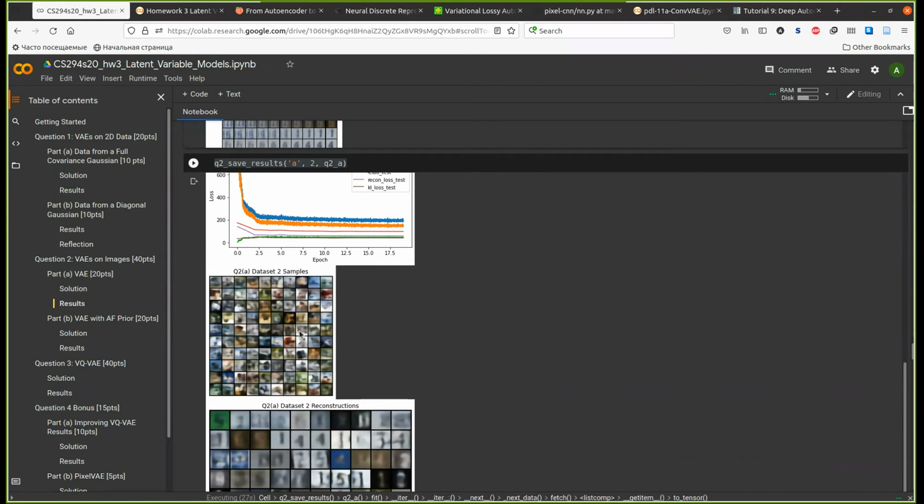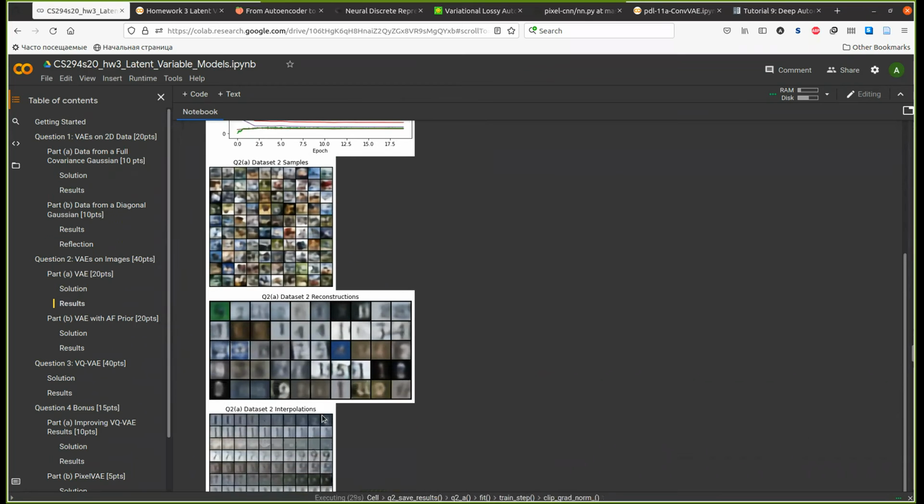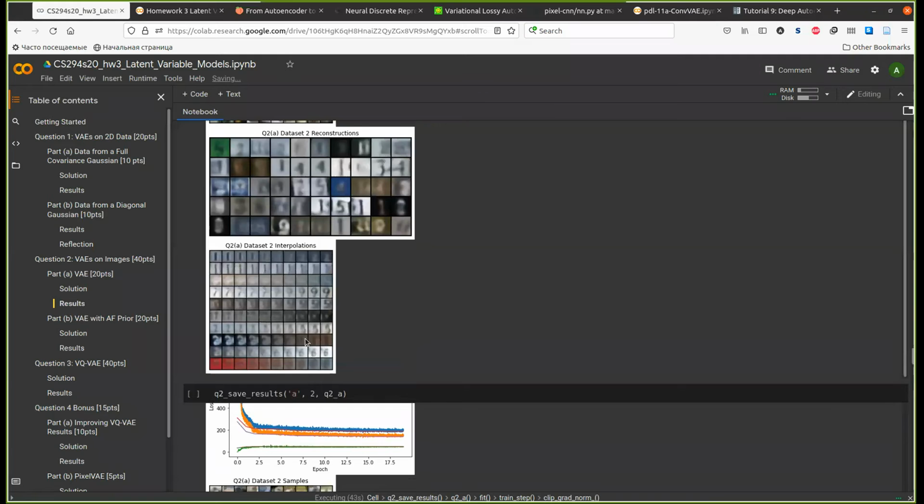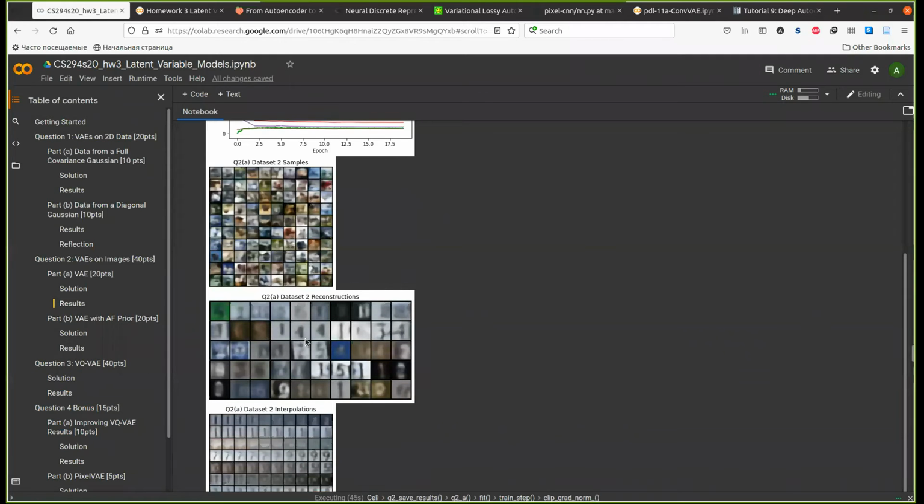And here these are reconstructions from the data points from the SVHN data set with a model trained on CIFAR10. So something really fun happened here.